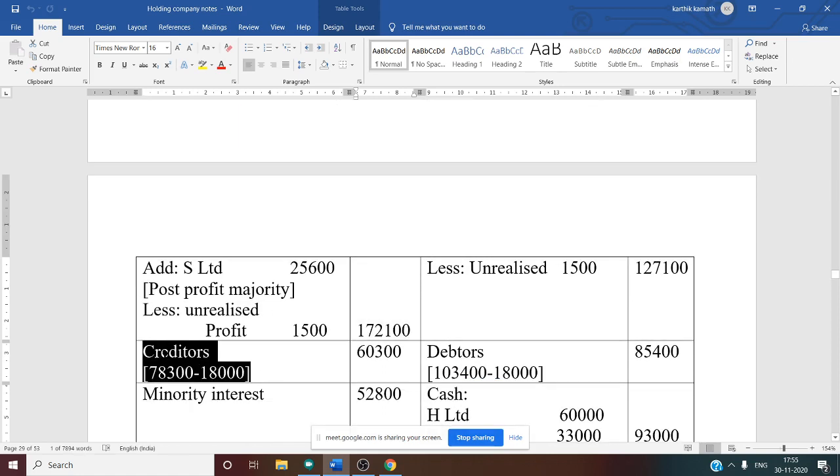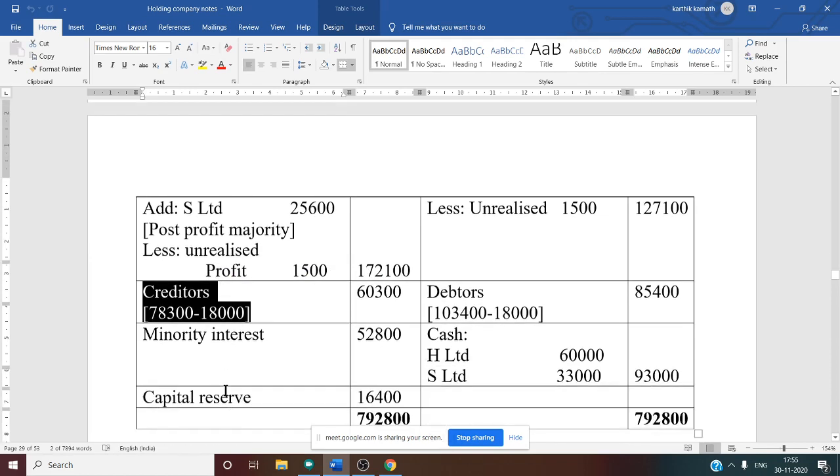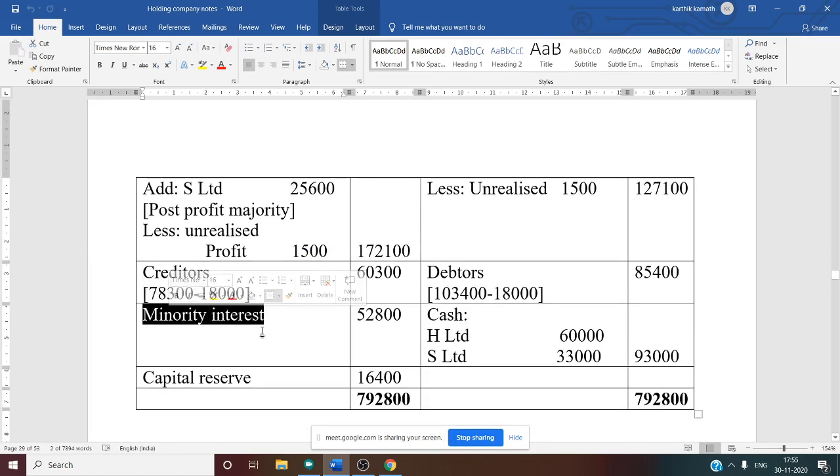Then there is creditor. Total creditor we know that is 78,300. From that intercompany 18,000 deduction. Then final creditor is 60,300. Or else you can see working note number 8, intercompany transaction. Here we have got the answer. Minority interest is nothing but the minority interest calculation; you have to show the total minority interest separately.